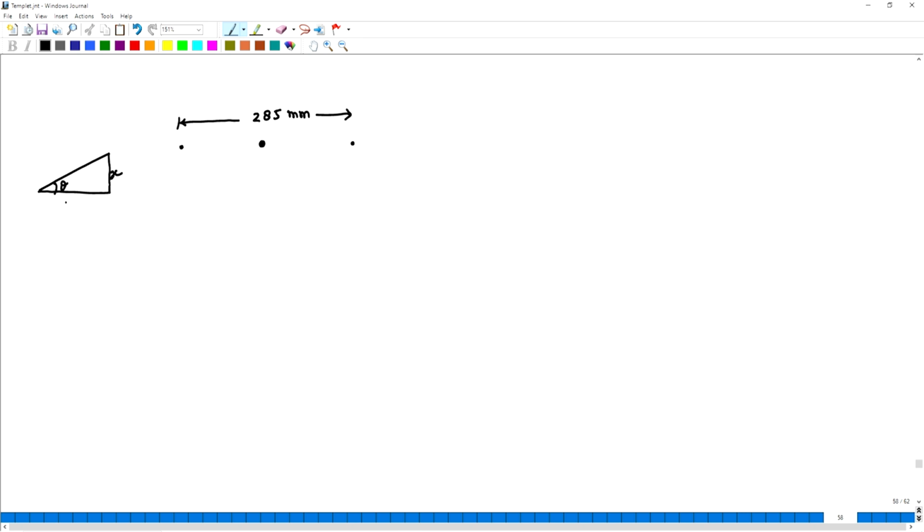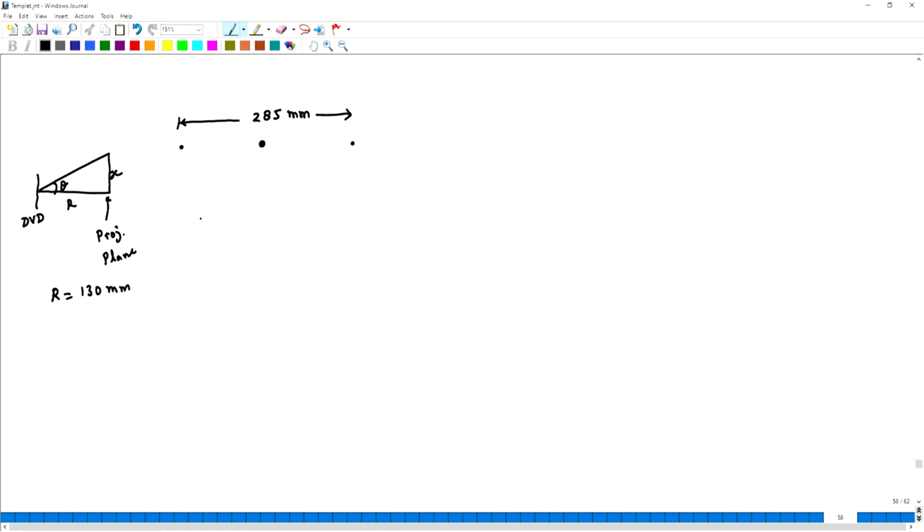This is x, this is r, this is my DVD and this is my projection plane. R we had measured to be 130 millimeters. Now, using these two values, we can quickly find the angle theta.